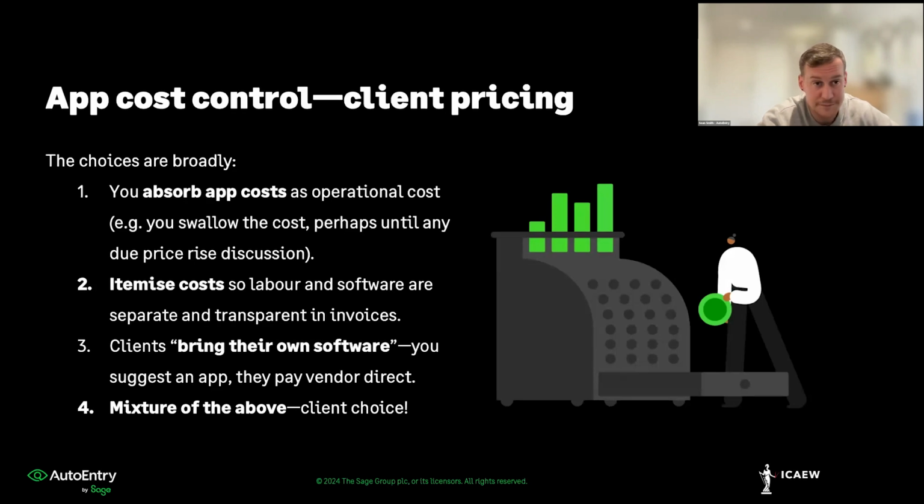So that's one option. Another option is itemizing it out, right? Talking about that transparency piece from our point of view as customers of the vendors, you want to try and pass on that transparency to your clients as well, right? So you can split out and say, this is the cost for our services, and these are the tools that we use and the costs attributed to those as well.